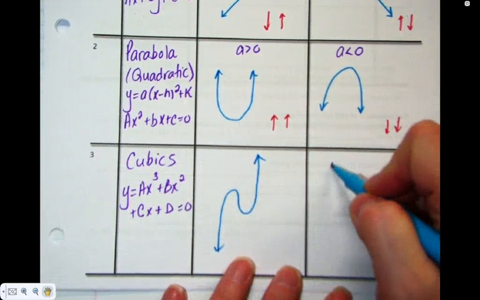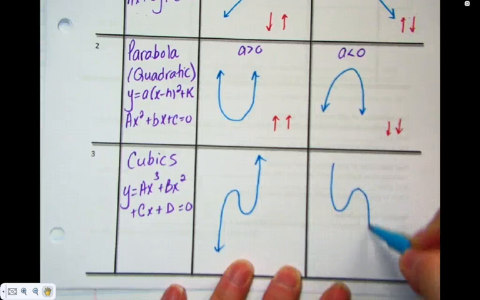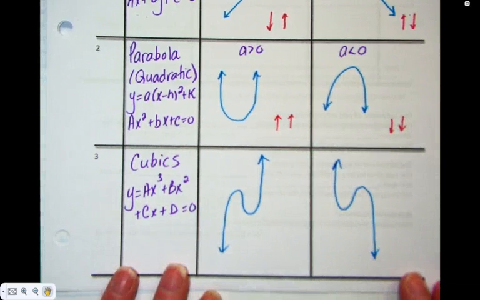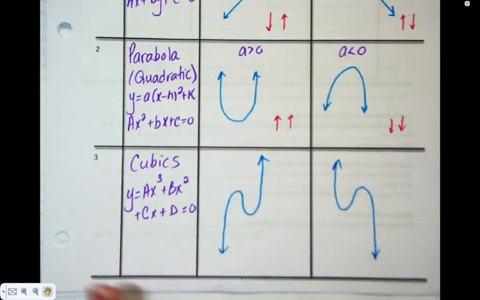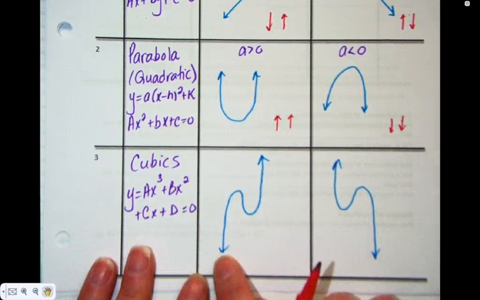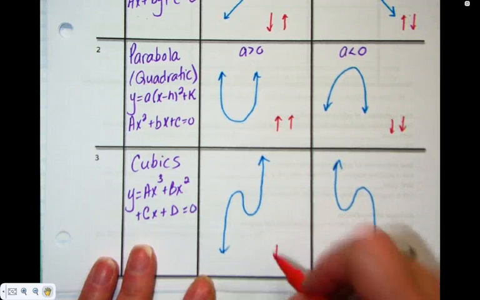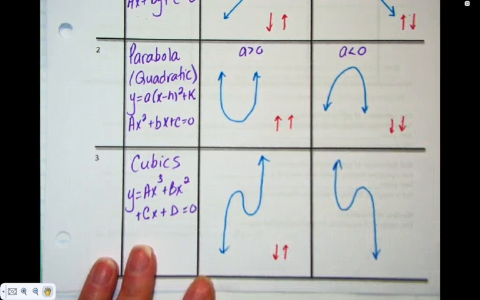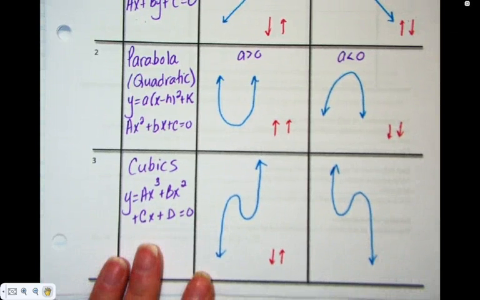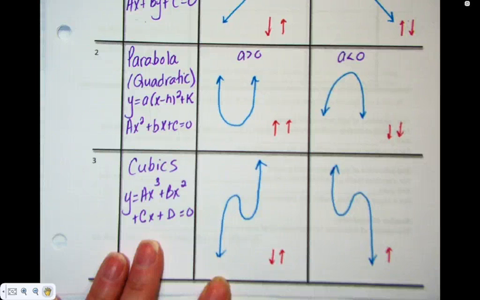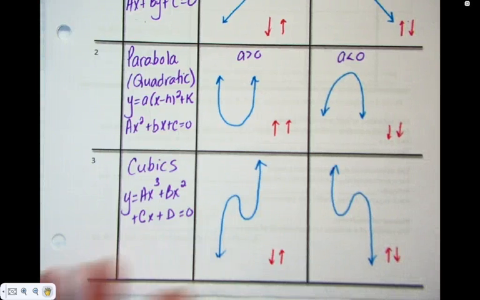So this comes from the top, has a min and a max, and then goes to the bottom. End behavior. What's happening on the left? Down. And on the right? Up. For the second one, when it's negative, the left is going up, and the right is going down.